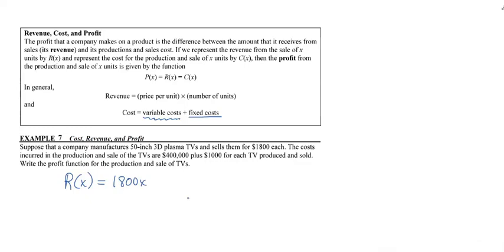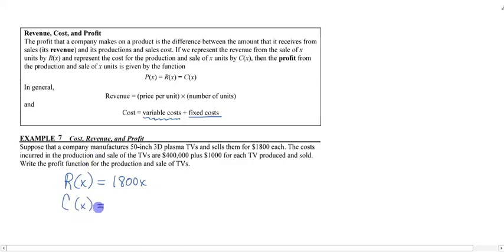Your cost, C of X, is going to be the cost for making those units. And it says that the cost incurred in the production and sale is $400,000. So that's your fixed cost. It's a flat $400,000 plus $1,000 for each TV.